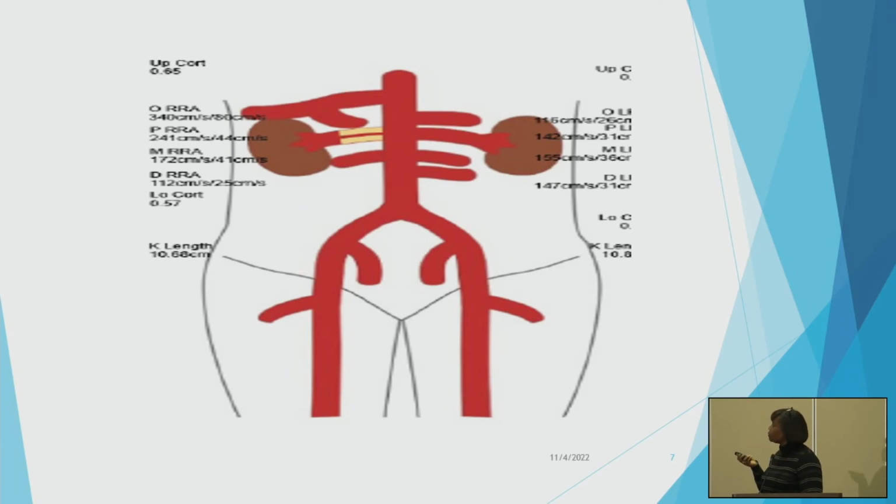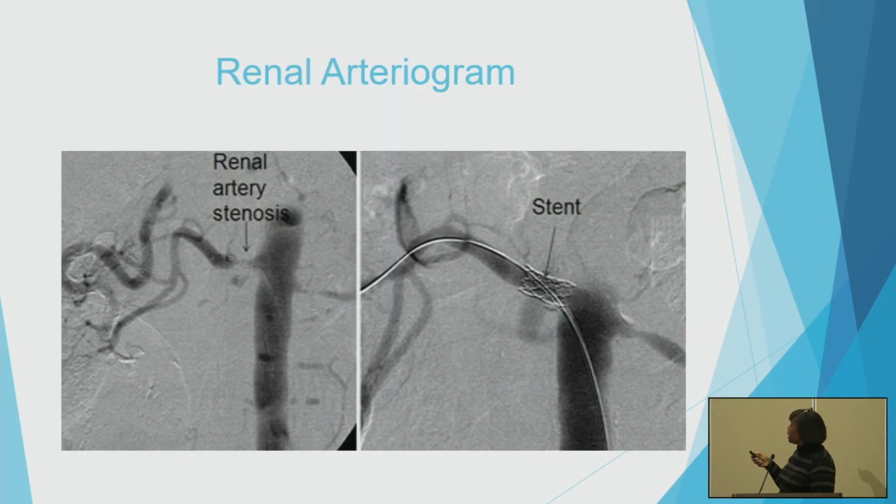This is what we use when we treat. We can see the lesion right there. And then we do what's called an arteriogram. We send this patient to Dr. Harris, and basically you can see on the left there's the renal stenosis. And then we place a stent in that kidney.